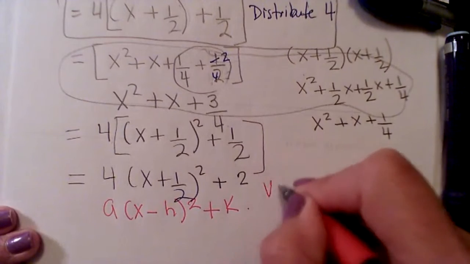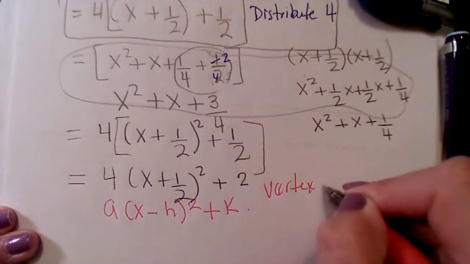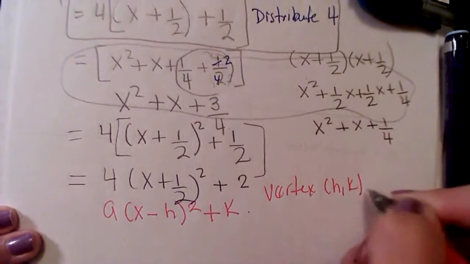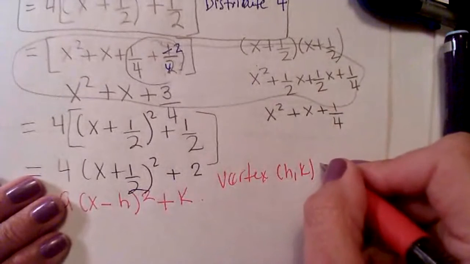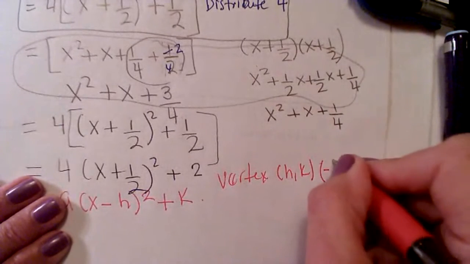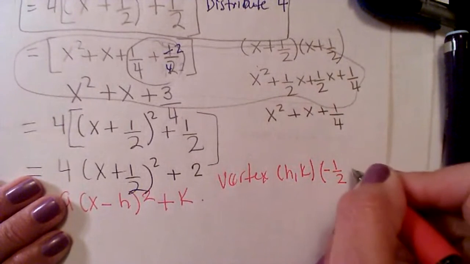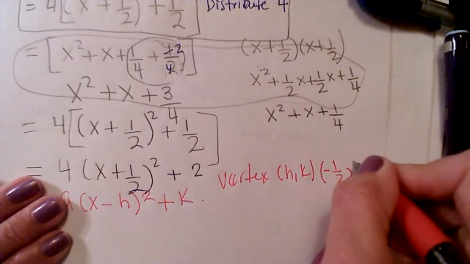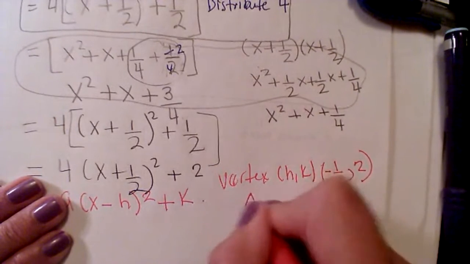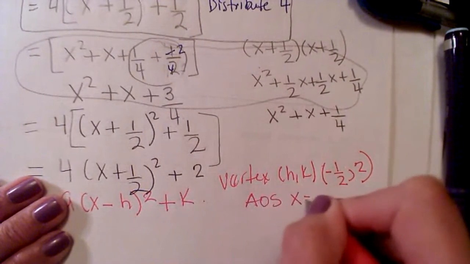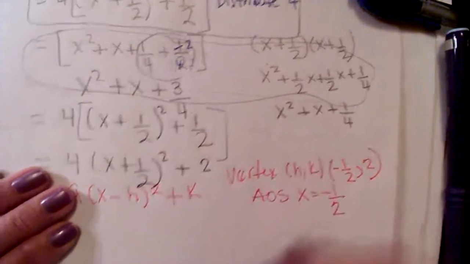And we can get our vertex, which is (h, k), and it's going to be what? Negative 1/2 and 2. My axis of symmetry is going to be equal to negative 1/2.